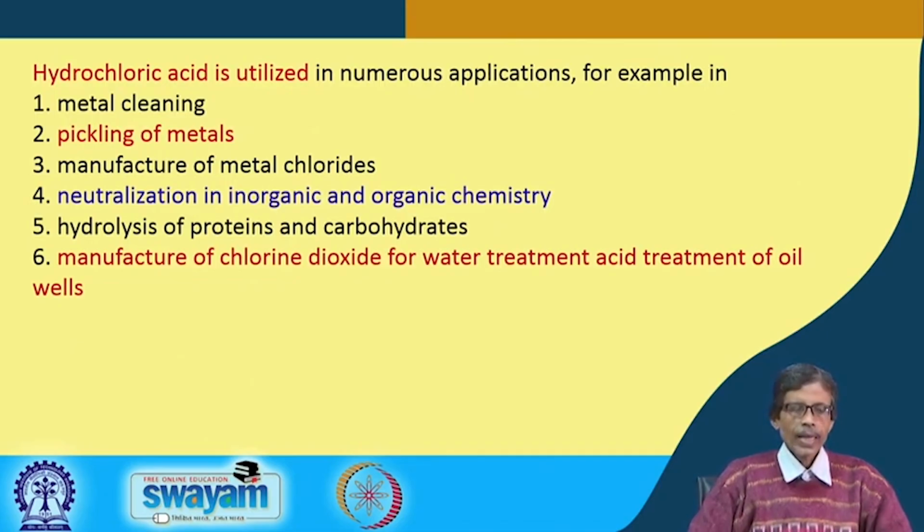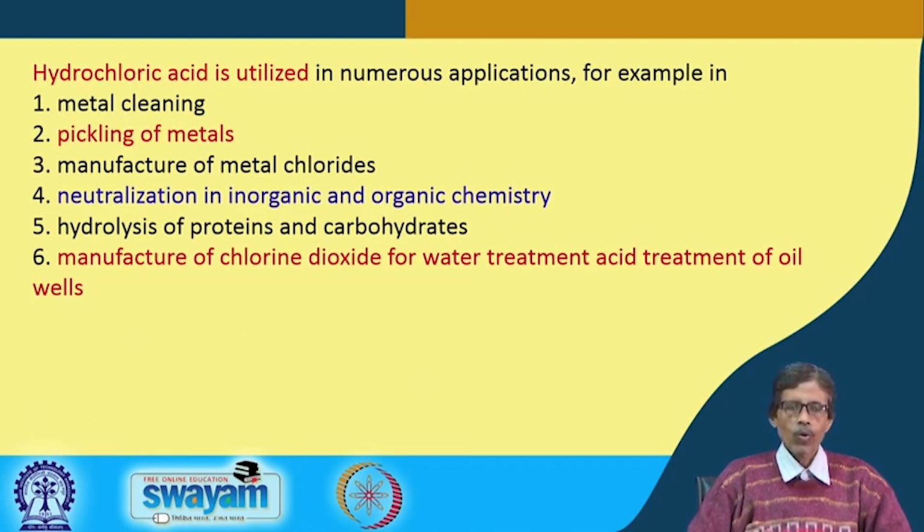Then one more important thing that we will study now is making new molecules out of this HCl. One such new molecule is chlorine oxide. If we move from chlorine to chlorine oxide, it is used for water treatment, acid treatment of oil wells and all these things.